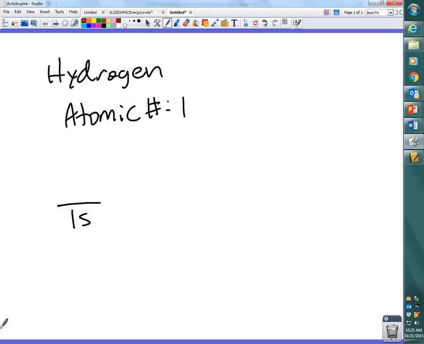When I draw it up here, I usually draw a one-headed arrow, just because it saves time when we have to draw a bunch of them. This is the orbital diagram for hydrogen. It shows the most likely location for the one electron that hydrogen has. Good there? Okay.